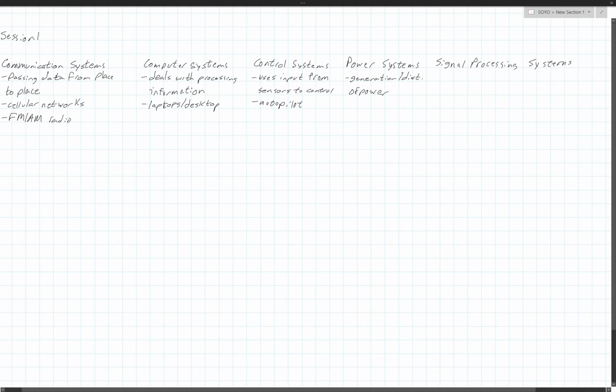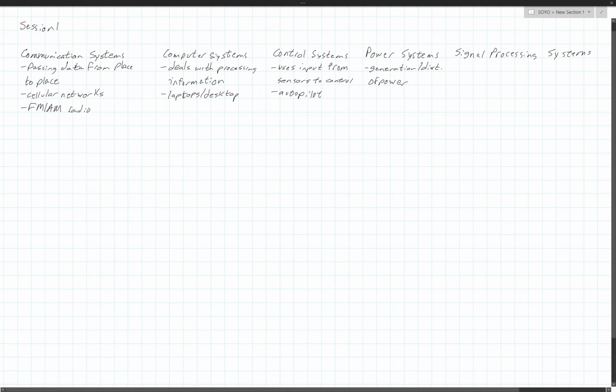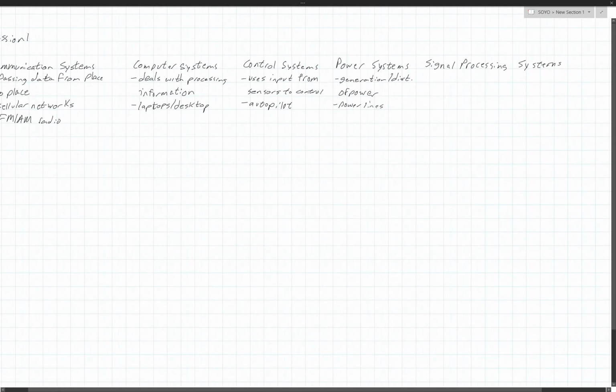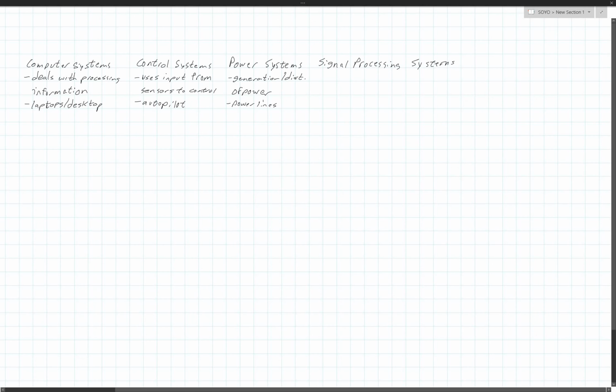So that can be power lines, hydroelectric generators, wind generators, anything of that sort. That's what power systems deal with. Now, the power lines are generally done by civil engineers as far as designing those, but that will be discussed a bit later in the series.